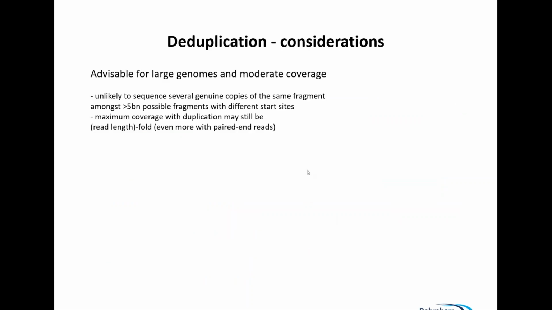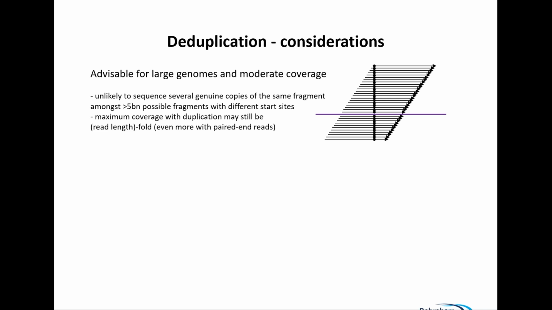And then people normally say, yeah, but if we deduplicate, we lose a lot of data. And we argue that you actually don't lose data, because the data you had before was not actually real data. It was simply the same data amplified, artificially blown up. Well, if you deduplicate the data, you can still cover each position or each cytosine by as many reads as your reads are long.